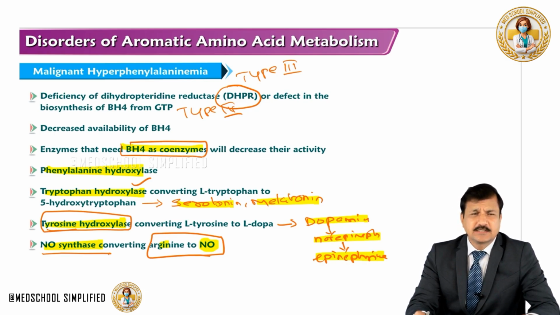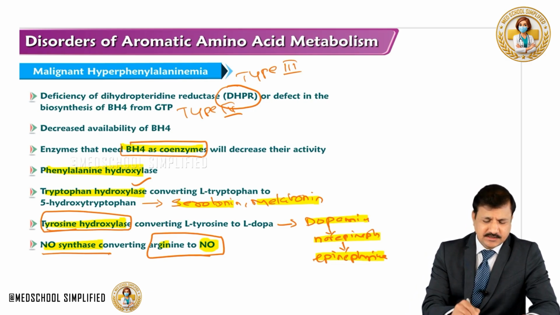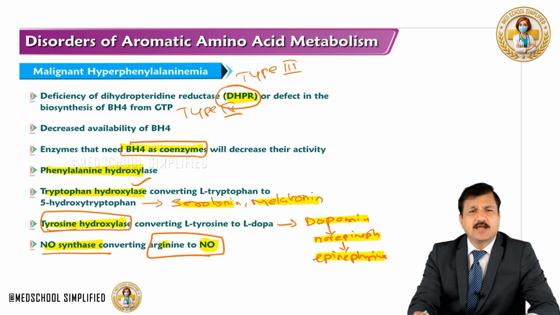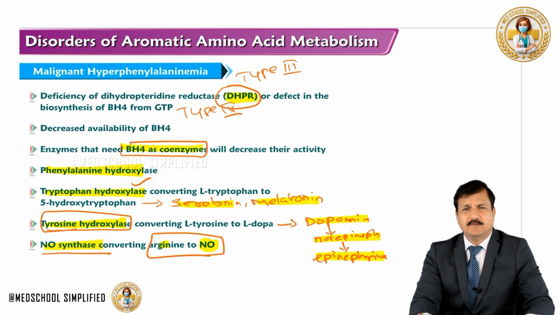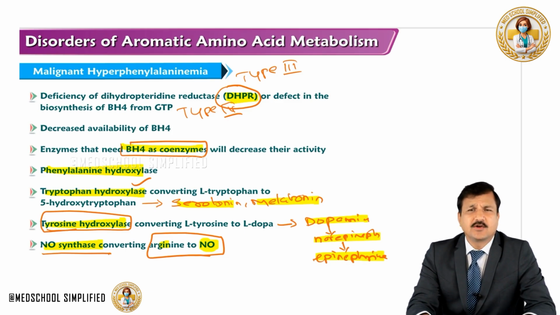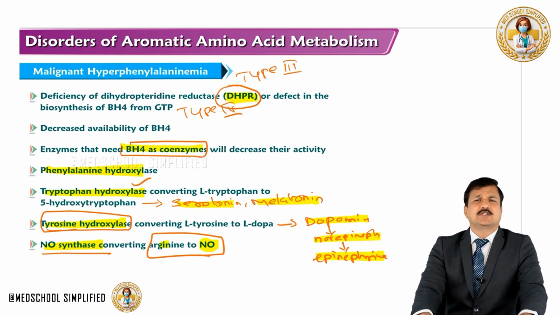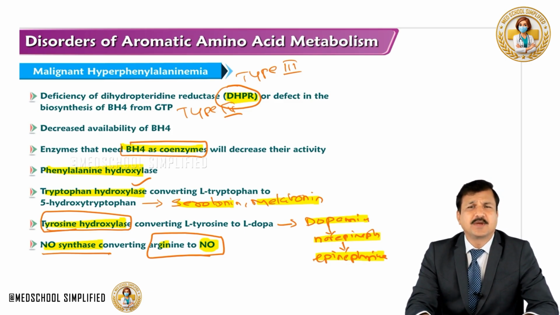So the point here is, if there is a defect or deficiency in dihydropteridine reductase enzyme, it will give rise to decreased activity of not only phenylalanine hydroxylase, it is going to lead to decreased activity of other hydroxylases including nitric oxide synthase, leading to deficiency in the formation of many neurotransmitters including nitric oxide.